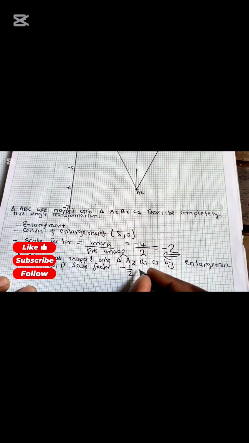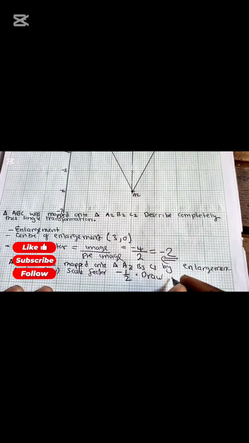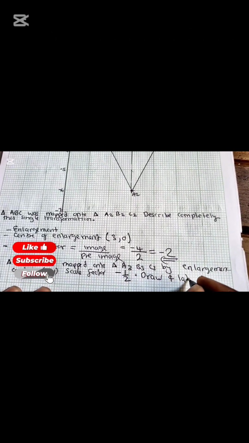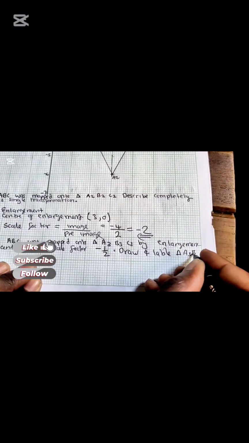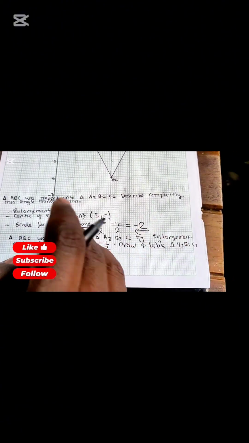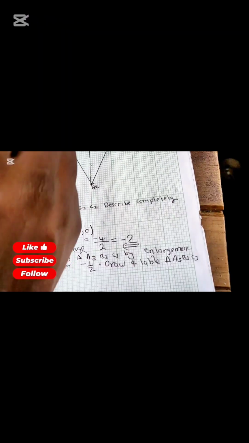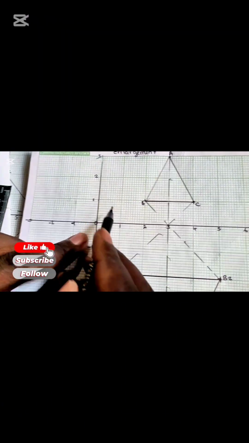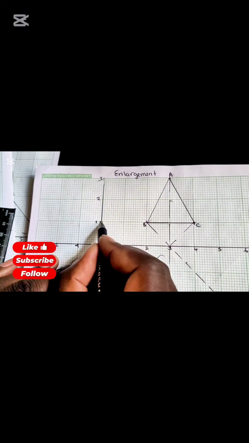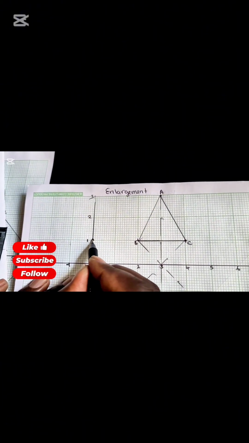Then they say draw and label triangle A3, B3, C3. The center of enlargement, they said, is 0 and 1. That's our center.